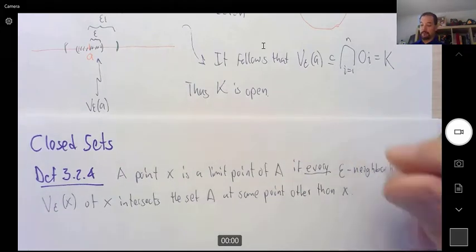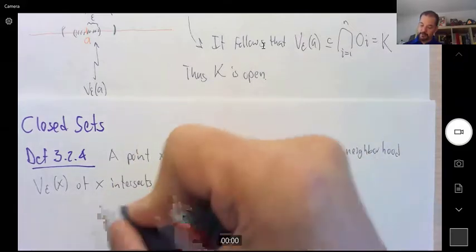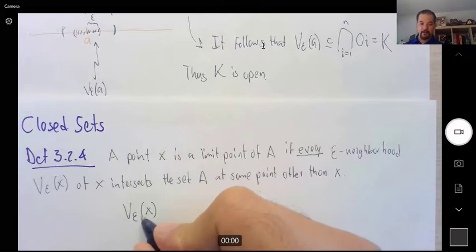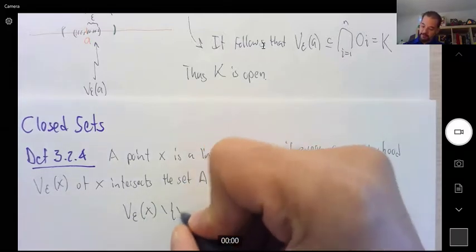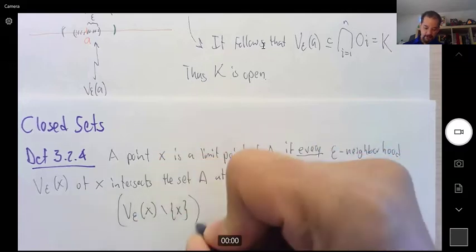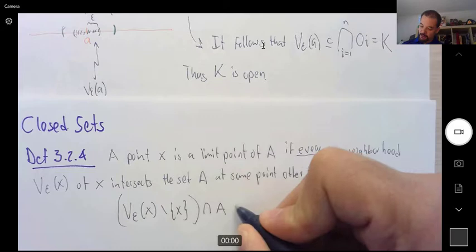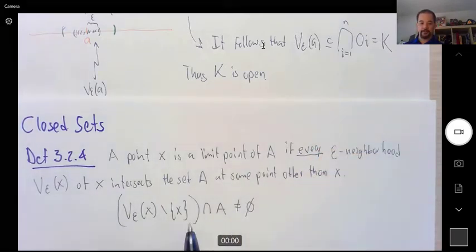If you wanted it in symbols, all of these that we just wrote, you can write it as follows. You can write it as: this neighborhood of radius epsilon centered at X, when you take away X and intersect with A, is non-empty. So there is someone that belongs to the intersection of these two, and that someone is not equal to X. Okay?